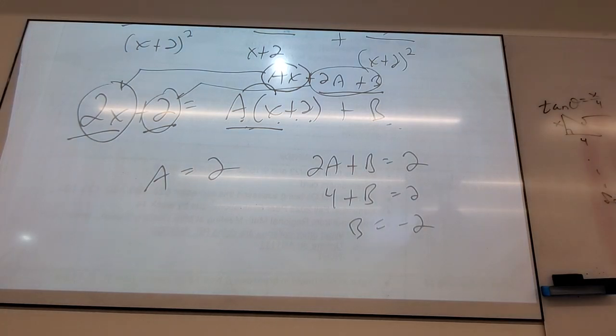What's in front of x on the right-hand side? A. What doesn't have any x attached to it on the left-hand side? 2. What doesn't have any x attached to it on the right-hand side? 2a plus b. Therefore, 2 must equal 2a plus b. The only way that statement can be true is if the numbers on one side add up to be the numbers on the other side. And the numbers are 2a plus b, yes? So they must add up to be 2.